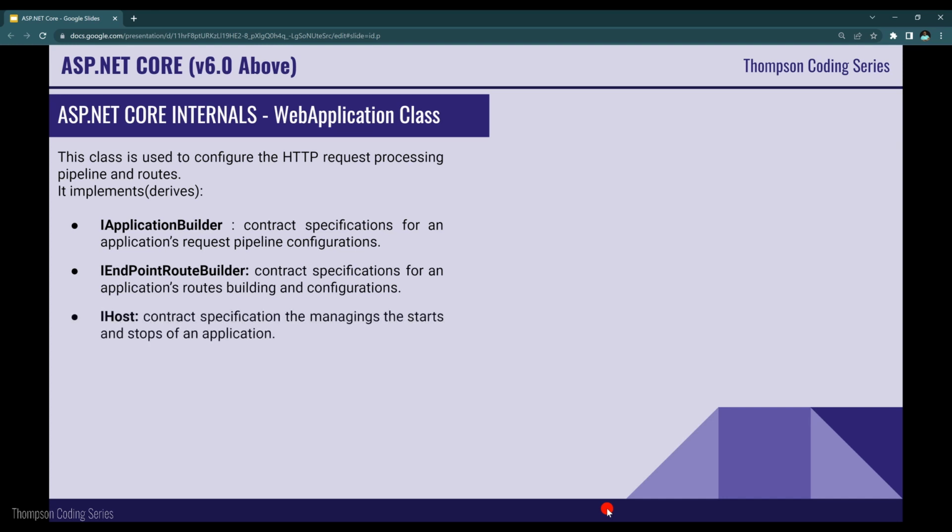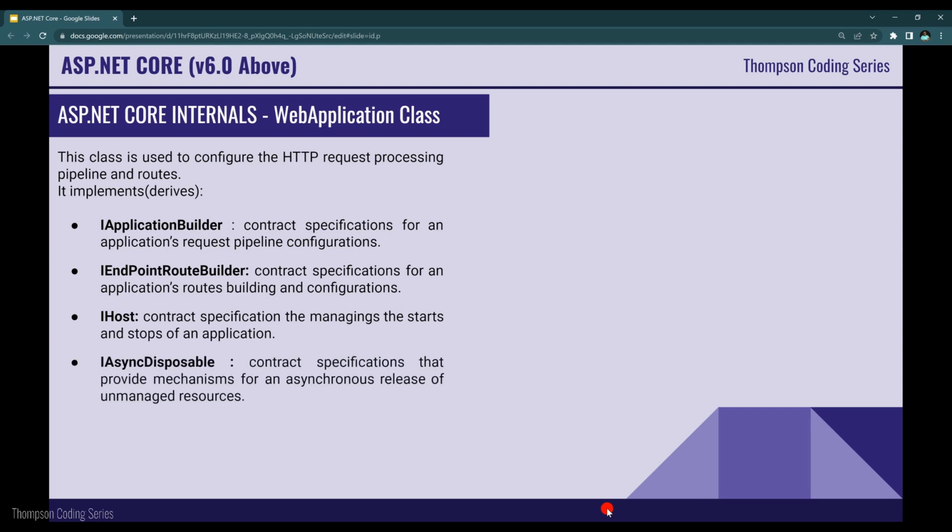It implements an IHost specification that manages the starts and stops of an application, and it implements an IAsyncDisposable, which contains contract specifications that provide mechanisms for an asynchronous release of unmanaged resources. And we have the IDisposable, which contains specifications that provide mechanisms for release of unmanaged resources. IAsyncDisposable is an asynchronous way of doing that.